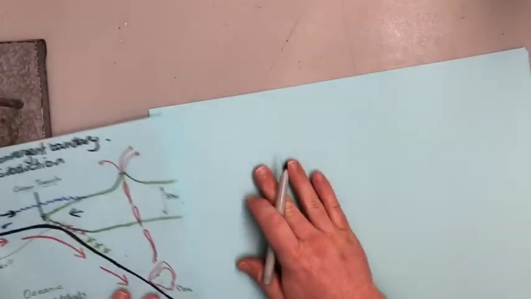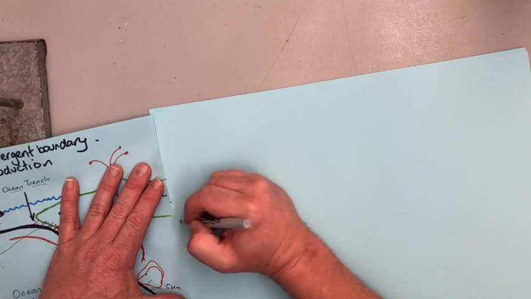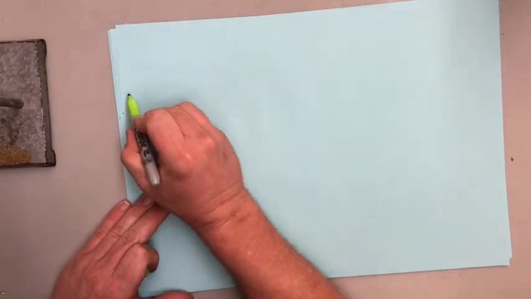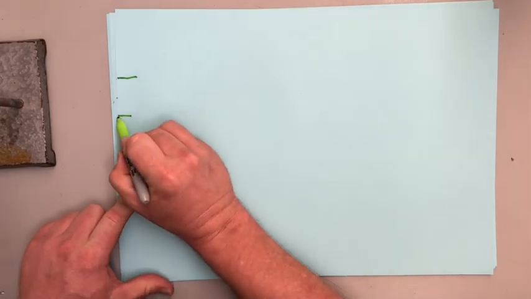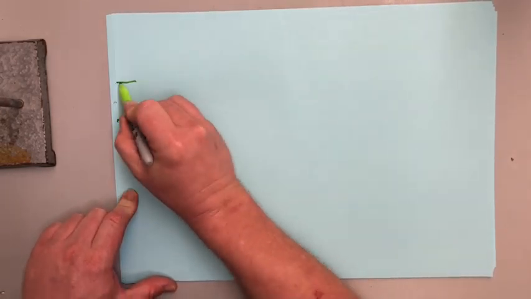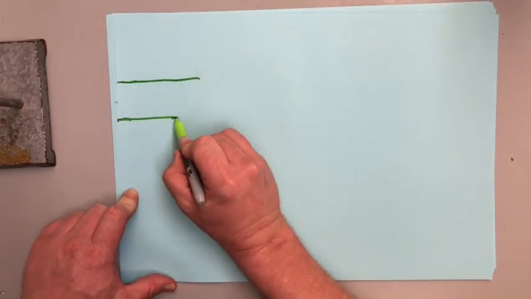Let's get a fresh piece of paper, and let's continue our continental crust. So remember, this continental crust formed part of the volcano, and we're going to move it along.